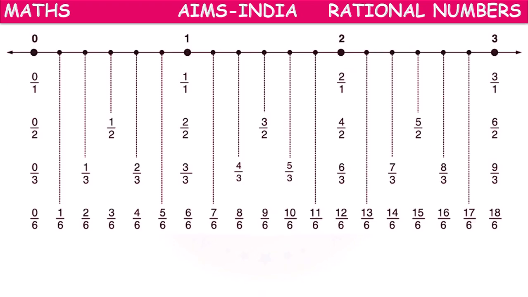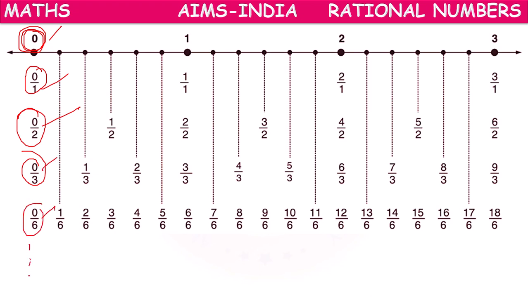Okay. One more thing: each rational number can have multiple equivalent rational numbers, because 0 is the same as 0 by 1, the same as 0 by 2, 0 by 3, 0 by 6, and so on, up to infinity.